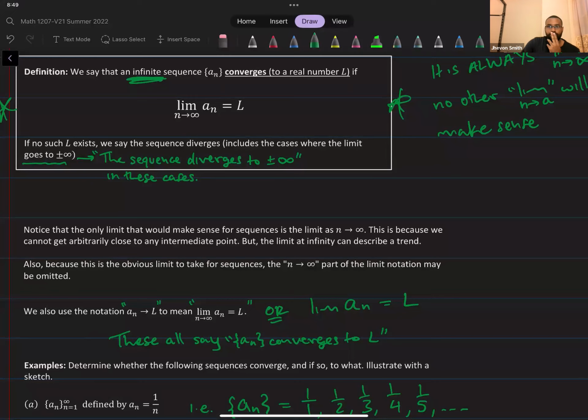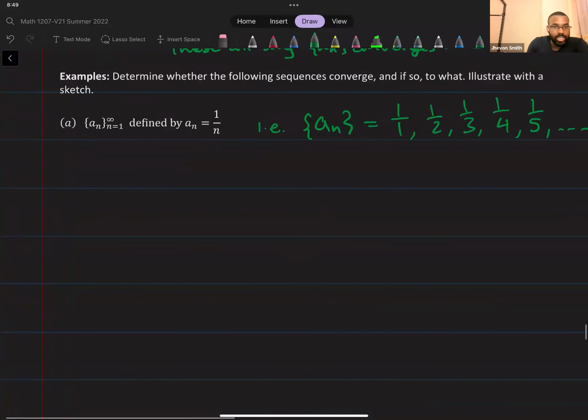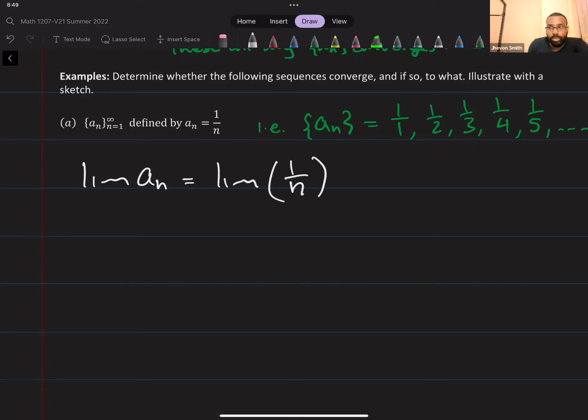It converges to 0. It converges to 0 by this definition. How do we know it converges to 0? Well, you just take a limit. If I look at the limit of a_n, this is just going to be the limit of 1 over n, because that's the formula. And I know what that is as n goes to infinity. That's just 0.